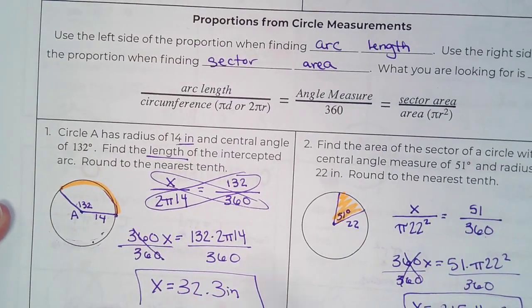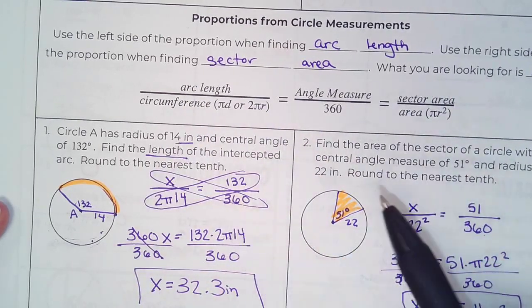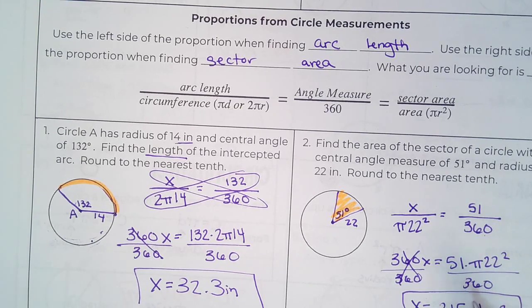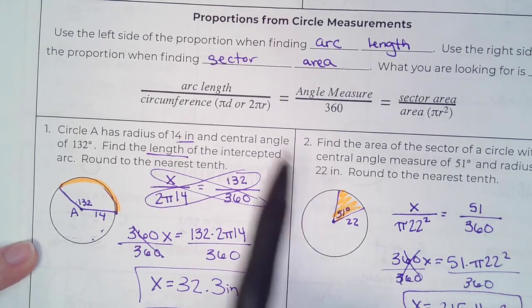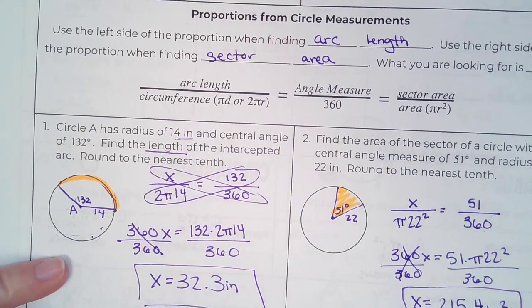In this last problem, we were given the arc length and the sector area, and that's typically what we've been looking for. And we're trying to find the radius. So we don't have the entire circumference or the entire area.